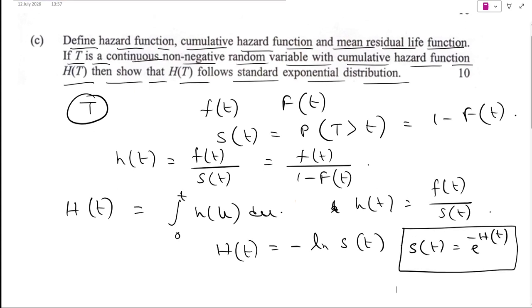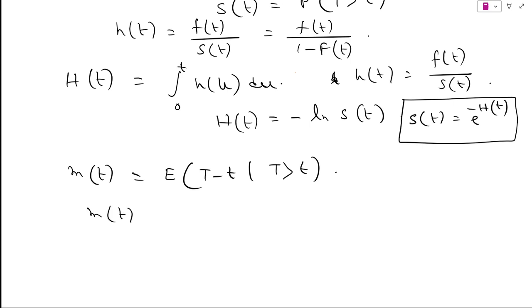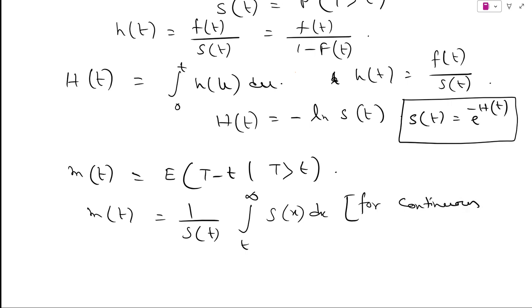Now, suppose the component has already survived up to time t. Naturally, we ask, on average, how much longer will it survive? This is called the mean residual life function, defined as m(t), and for a continuous distribution it is given by the formula.